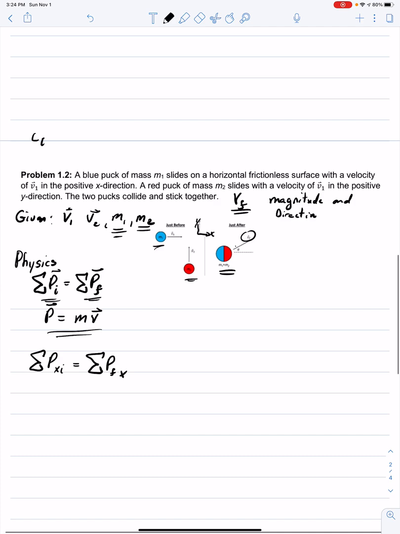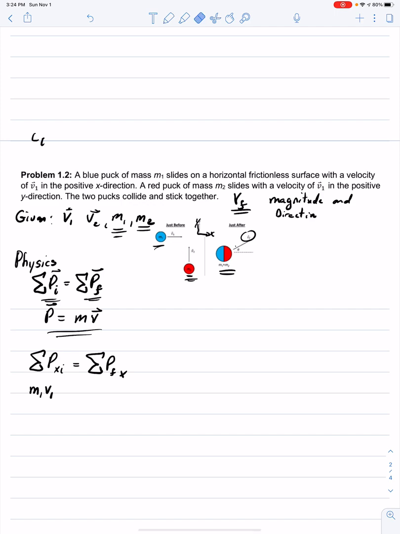The only component working in the x direction at this moment is mass 1. So mass 1, velocity 1. Mass 2 is completely vertical.